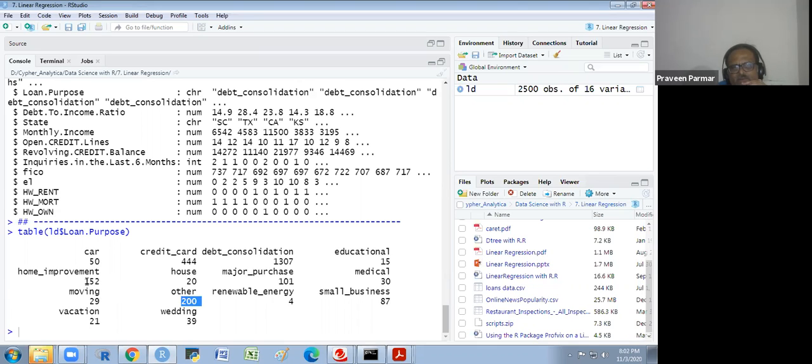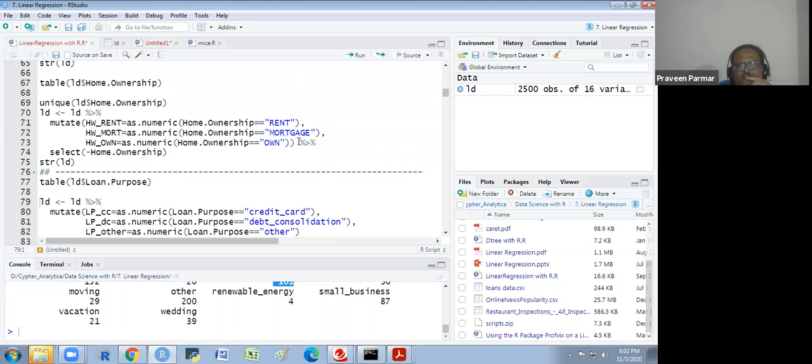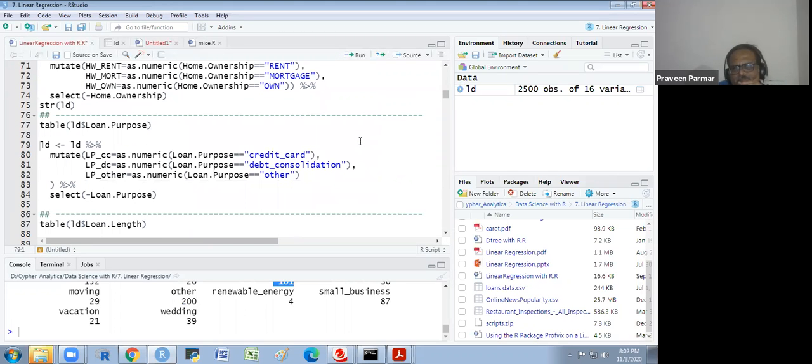There are very small frequencies, 150 to 101. You could use these also, up to 5 you could go, but I have chosen only 3. Less than 200 I am not going down to. Got it? Because I have 2500.